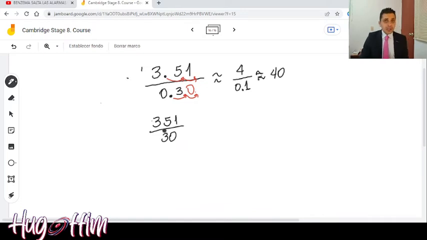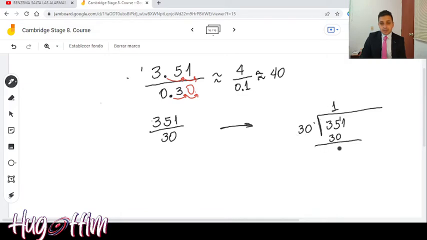So this division is the same as getting 351 divided by 30. And now you can use any of the strategies you know to perform division of numbers. I'm going to show you the usual one that people use, 351 and 30. This will be 1. 1 times 30 is 30. I'm going to subtract, it's going to be 5. I'm going to have 1, so 1. 1 times 30 is 30.